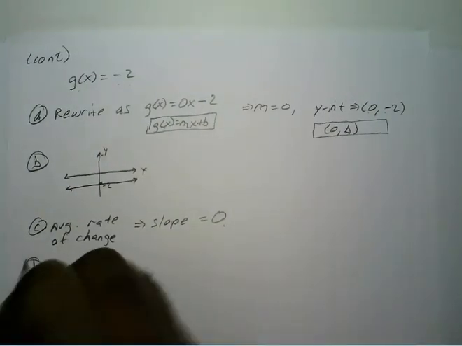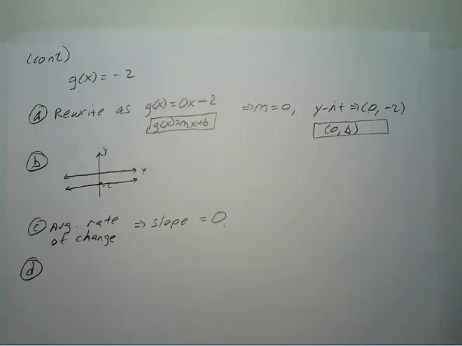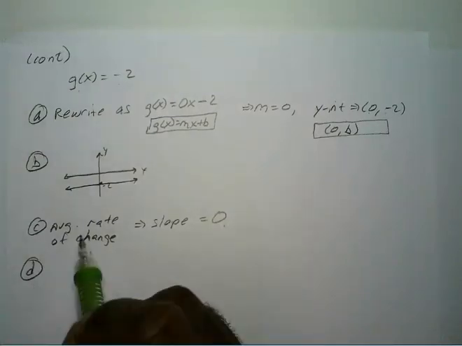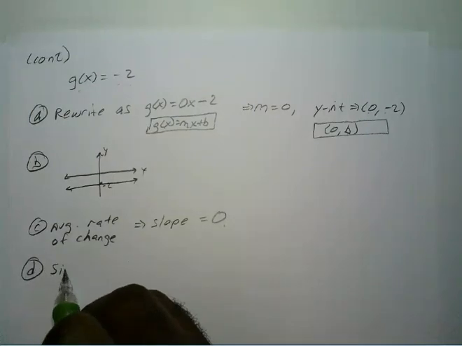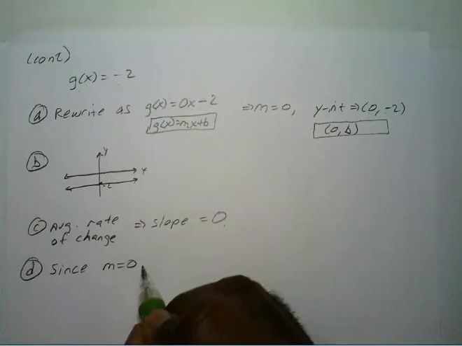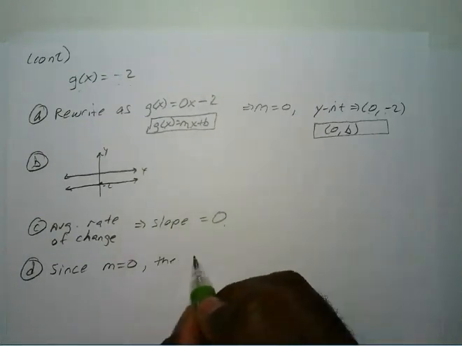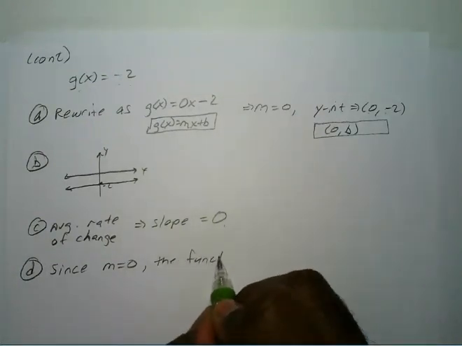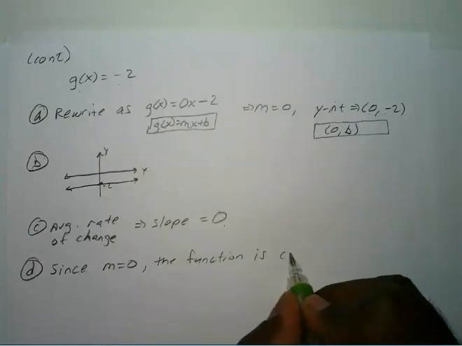Okay, and for d, you want to know whether or not it's decreasing, increasing, or constant. We see that since the slope is equal to 0, the function is constant.